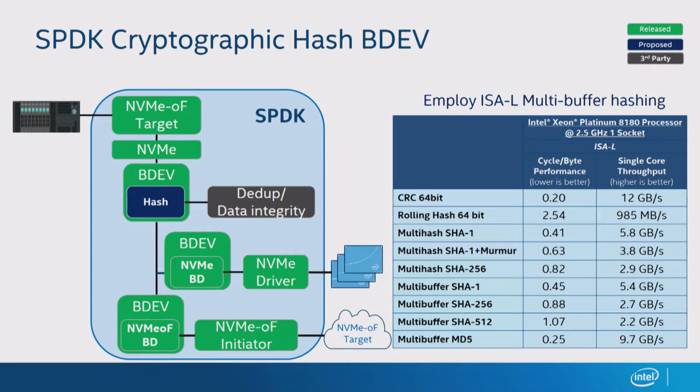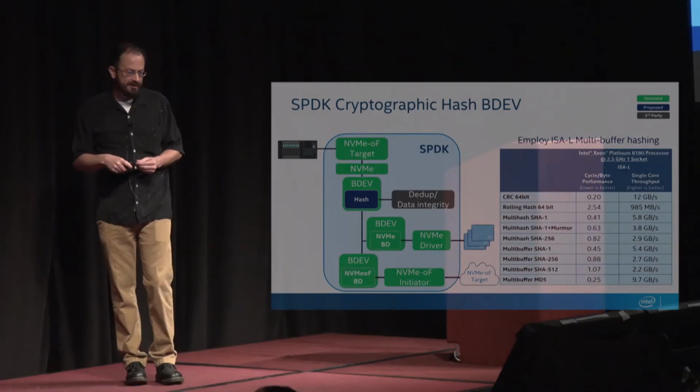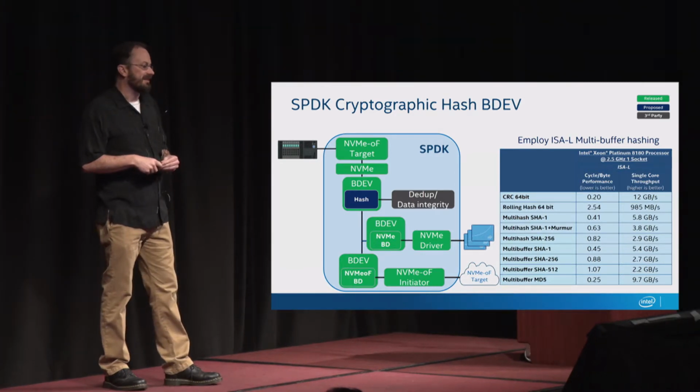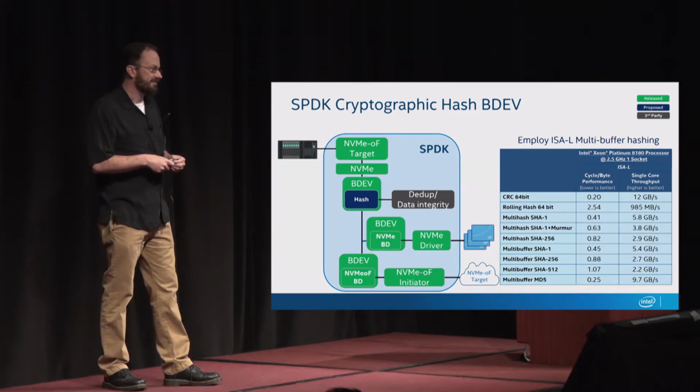So if you want to hit a million IOPS, that's really billions of bytes per second you have to stream through this. We can do gigabytes per second throughput on a single core, so it's not necessarily the bottleneck of hashing every block.